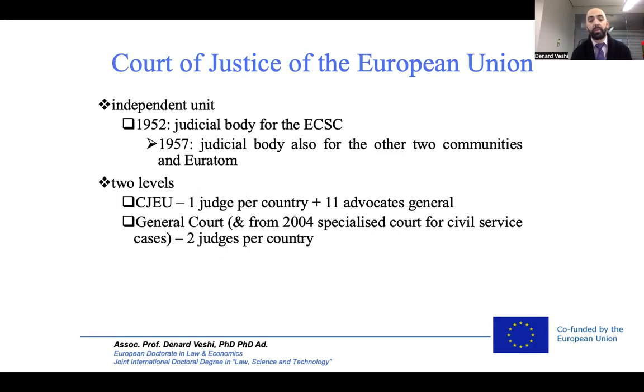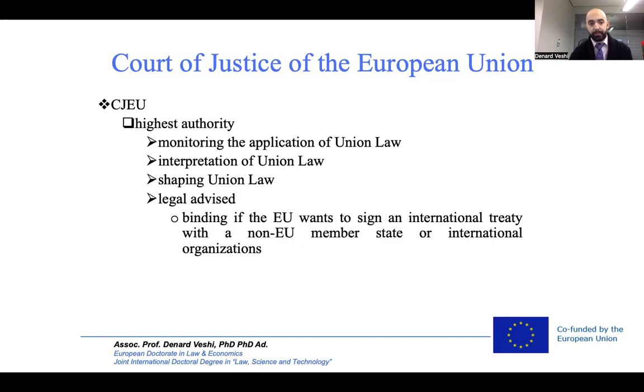It shall be mentioned that in general, what is stated in the opinion of the advocates general is also ruled by the court. Then we have also the General Court, which has 2 judges per country.